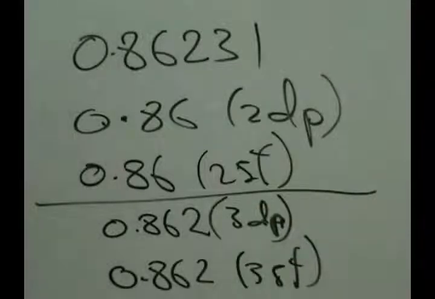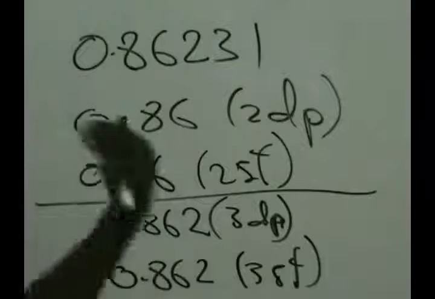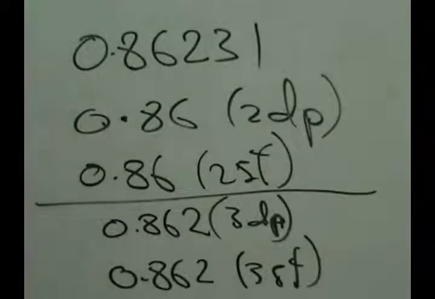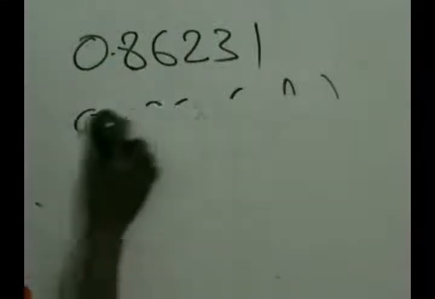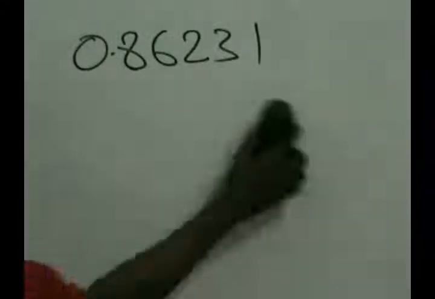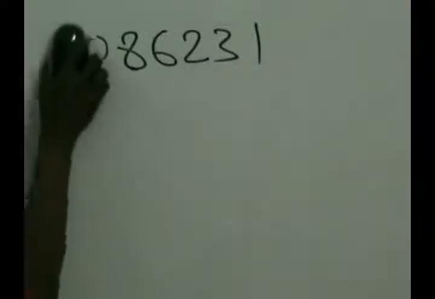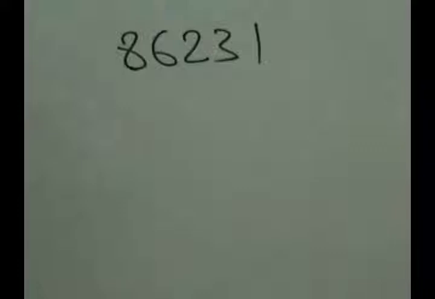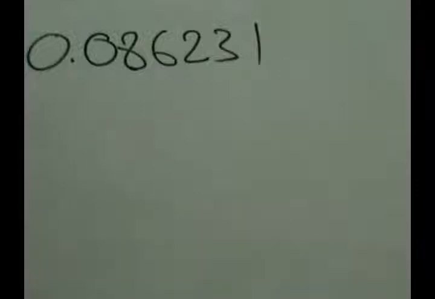And that's basically it. For this number, we could go on and on, 4, 5, 6, but we won't go past 5 because we have 5 decimal places to start. Now, look at what will happen if I change this number from 0.86231 to 0.086231.